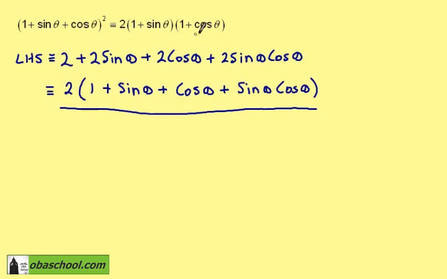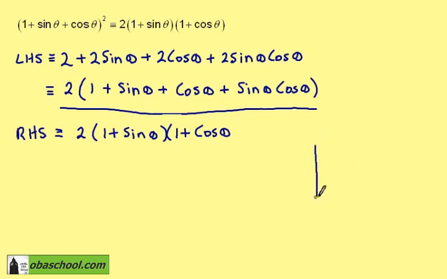If we now consider the right-hand side, the right-hand side is 2 times (1 + sin θ) times (1 + cos θ), and we can expand these brackets.